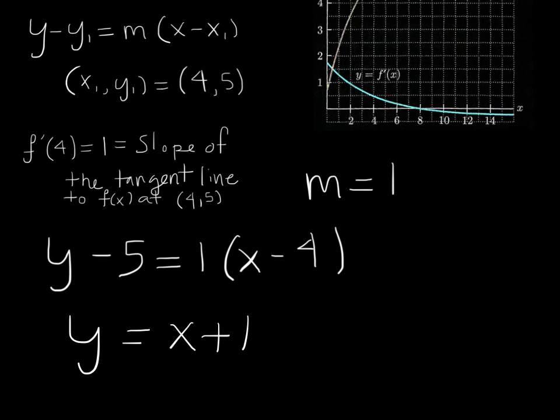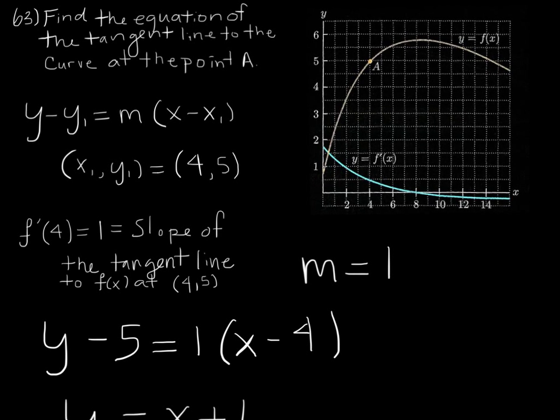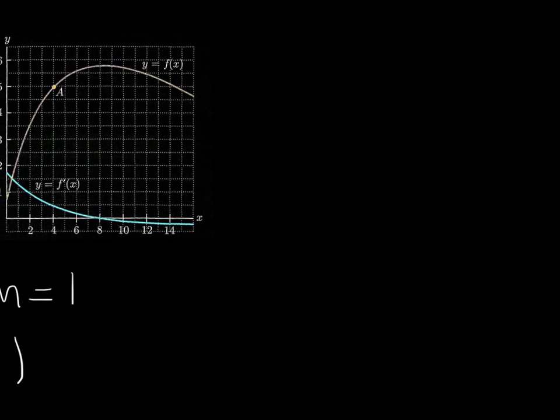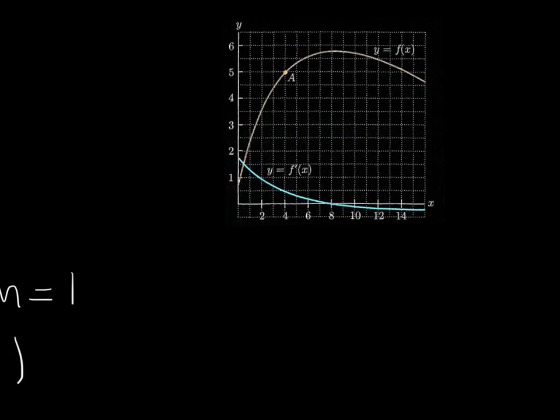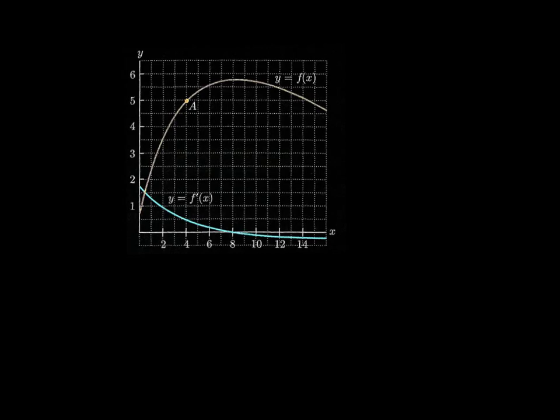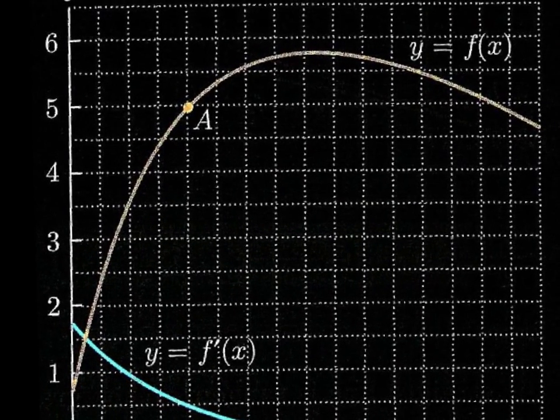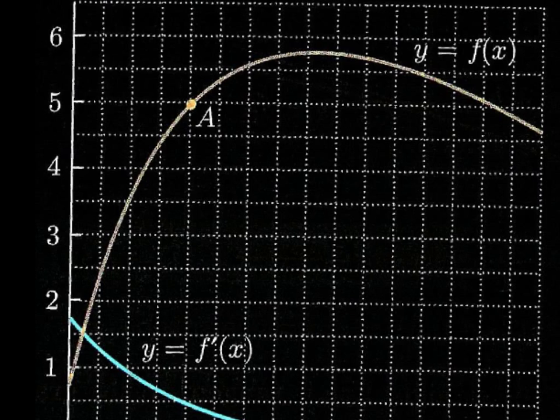And we have the equation of the tangent line to the curve at the point A. And coming back, if we look at this picture, if we draw a sketch of the tangent line to the curve at the point A, it looks like this line has a slope of 1.